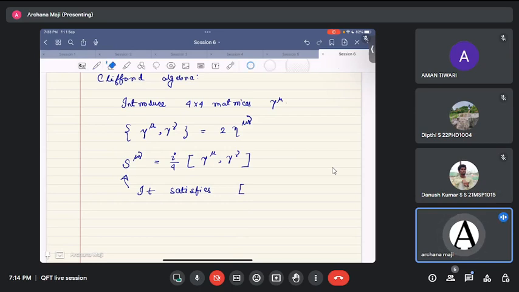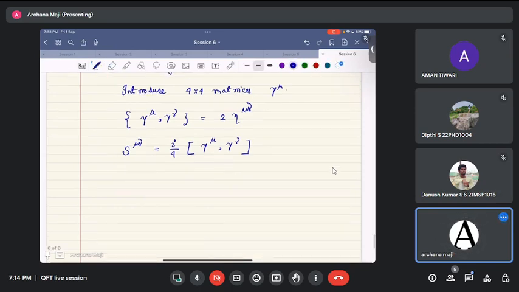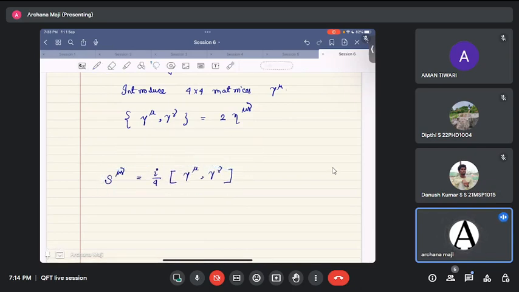Let us find that out explicitly, that it indeed satisfies the Lie algebra that we want it to satisfy. Before we do that, let's see what gamma 0 squared is. So gamma 0 squared will be identity. Gamma i squared will be minus 1, right?